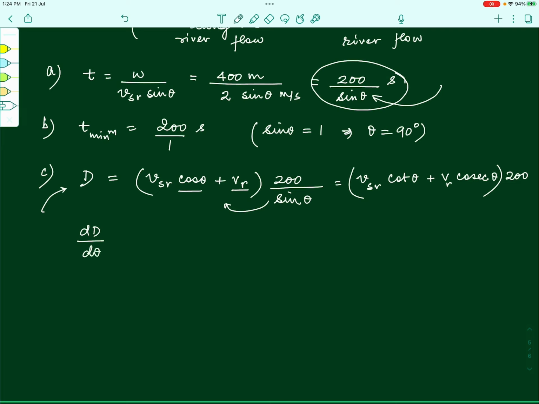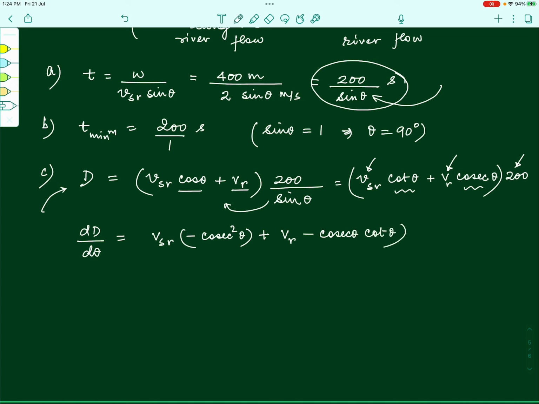d by d theta, we have to differentiate this expression. Understand that VSR is a constant, VR is a constant, and this 200 is a constant. So, it is only these two terms that are to be differentiated. So, we will get VSR, differentiation of cot theta will be minus cosecant square theta, whereas the differentiation of cosecant theta will be minus cosecant theta cot theta.